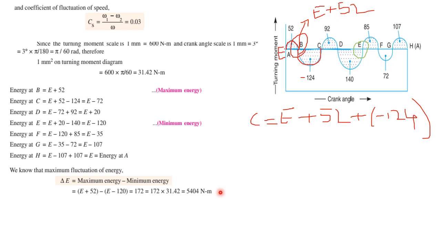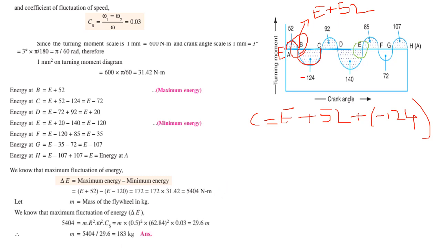You know all these things. So delta E is equal to I omega square Cs is the formula that we are going to use here. Let us see how we are going to use it. Let us assume that m is the mass of the flywheel, which we need to find out.